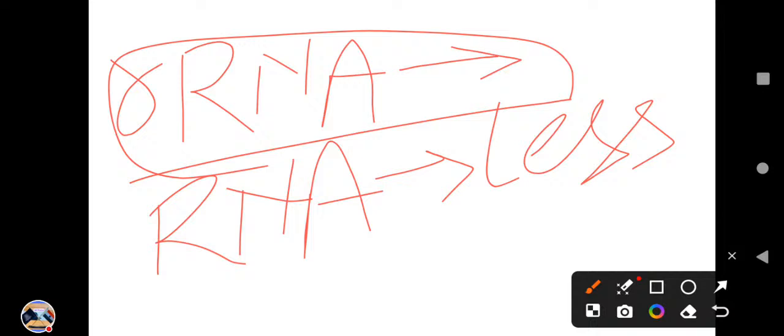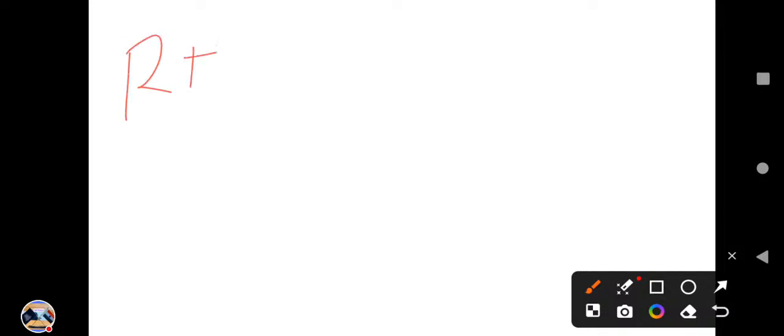Mutation: you can simply define that RNA, because it is single stranded and less stable, has a higher mutation rate than DNA. Okay. Replication: RNA is also not self-replicating. It needs a DNA template.